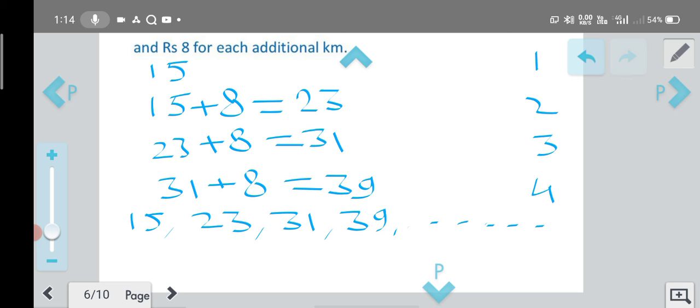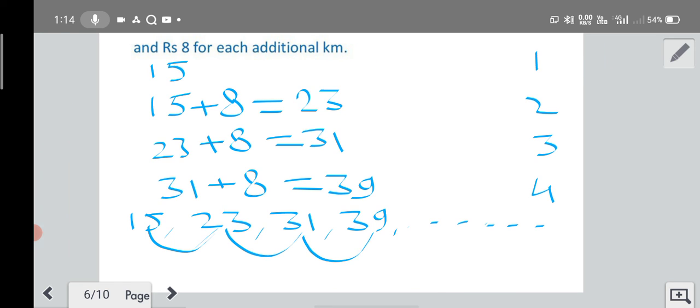Here we can clearly see the difference between two consecutive terms is fixed, that is 8. 23 minus 15 is 8, 31 minus 23 is also 8, 39 minus 31 is also 8. Hence the given list of numbers forms an AP. So our answer will be yes, the situation forms an AP.